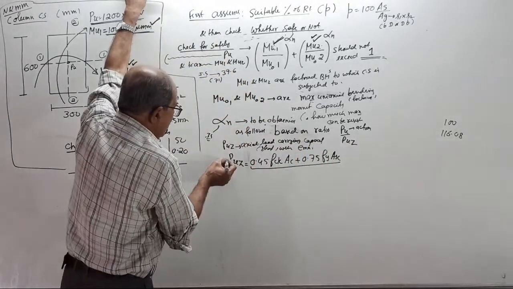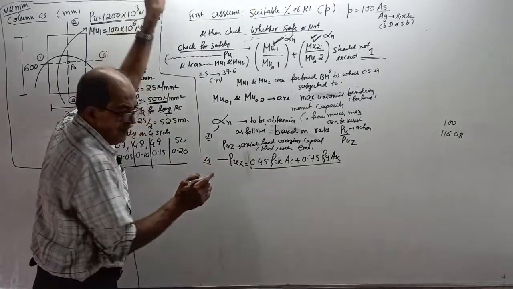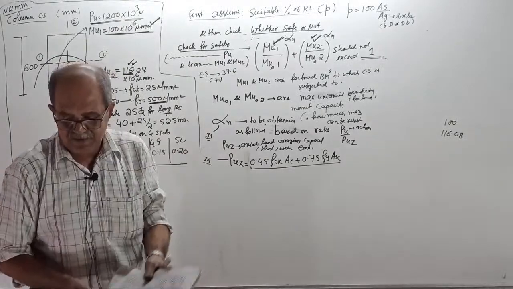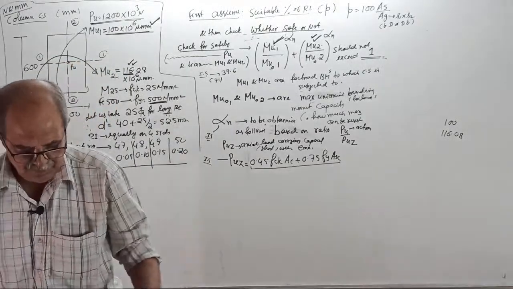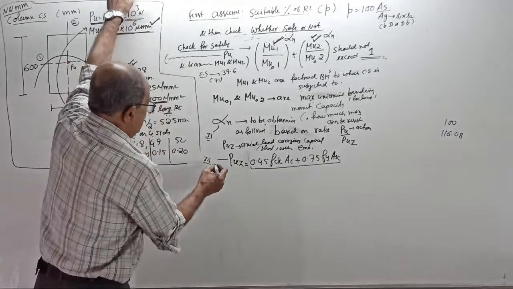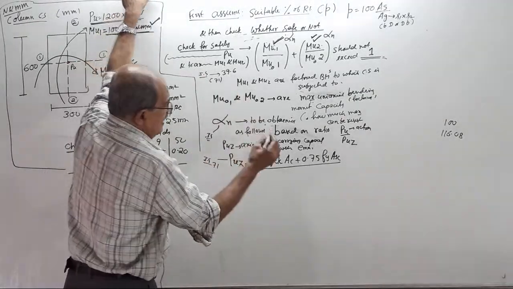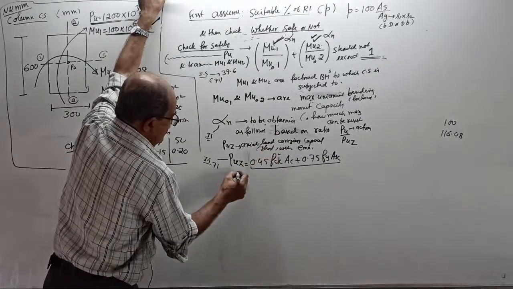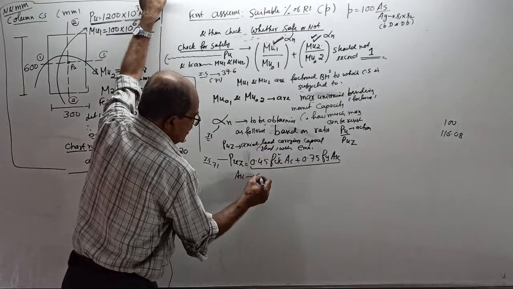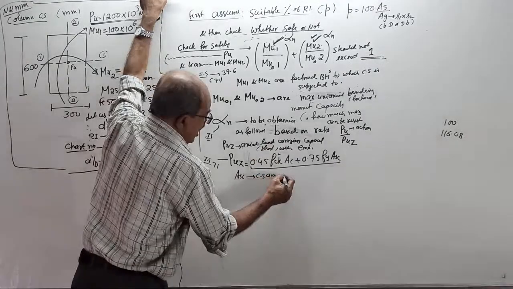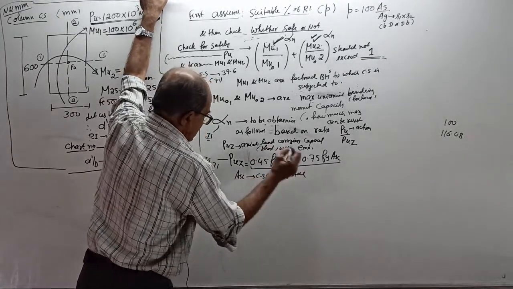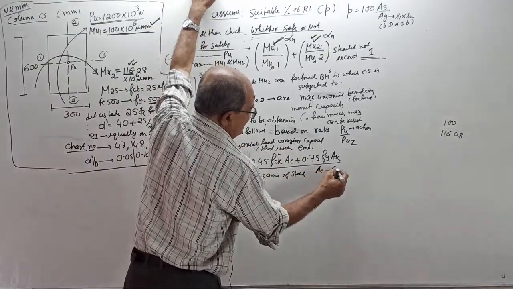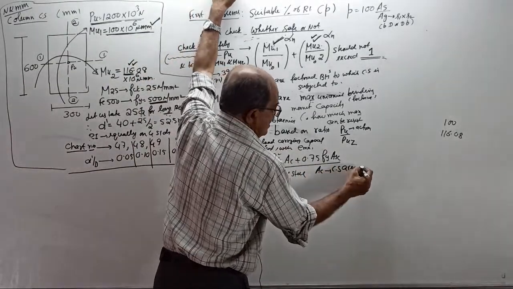Anyway, nothing to worry, it is given in the IS code, same page number 71. Now see, ASC is the cross-sectional area of steel, and AC is the cross-sectional area of concrete.